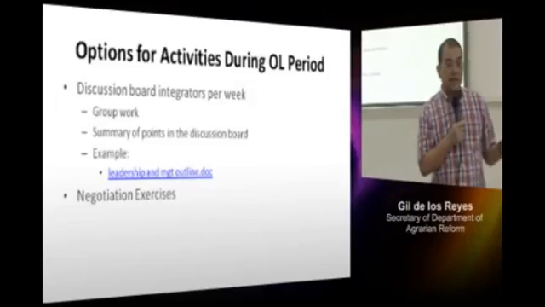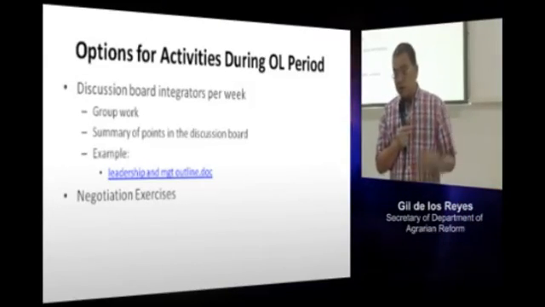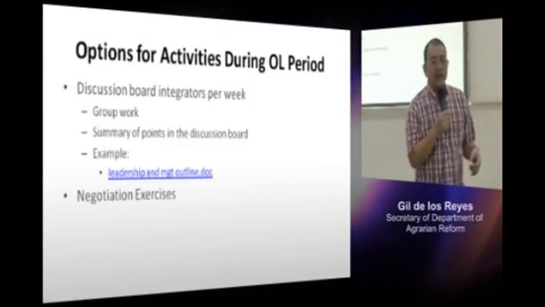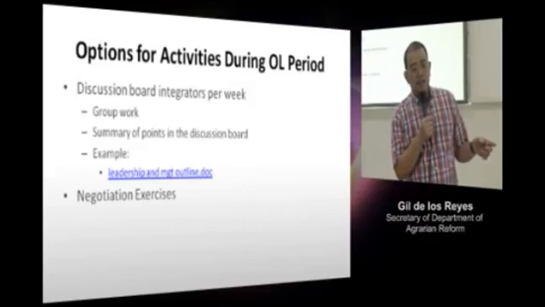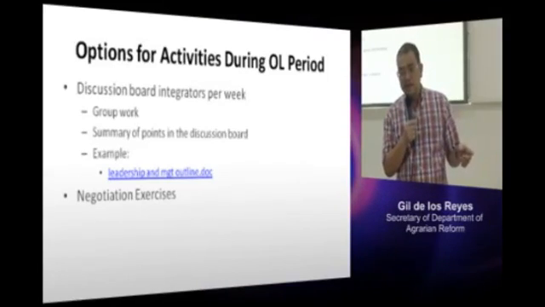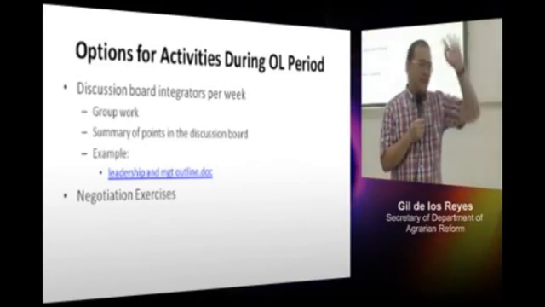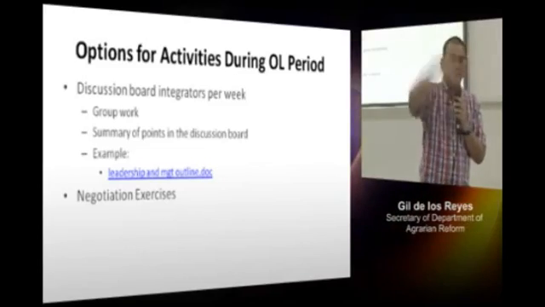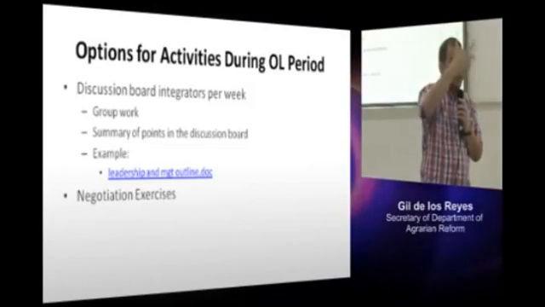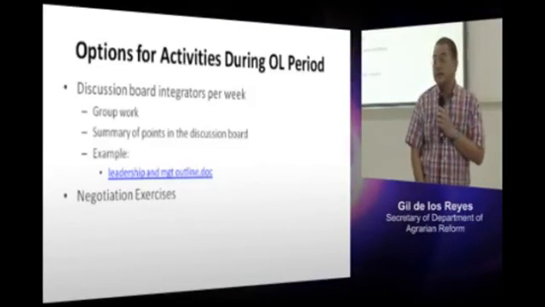What would be our BATNAs, for those of you who are into this, the best alternative to a negotiated agreement. So you come up with a BATNA before you start the negotiation. That can be collaborative online.